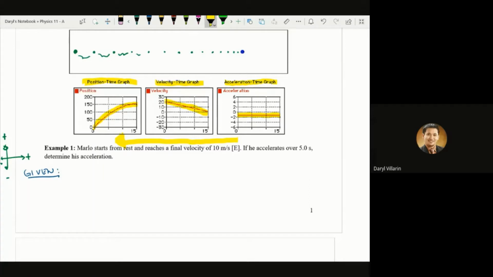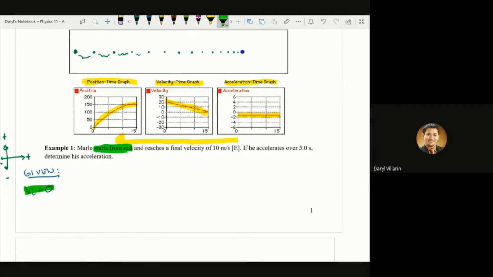To identify the givens here, this is the usual case. In a word problem, they will not explicitly say that the initial velocity is 0, but they will say it starts from rest. So if it starts from rest, it tells you that the initial velocity is 0.